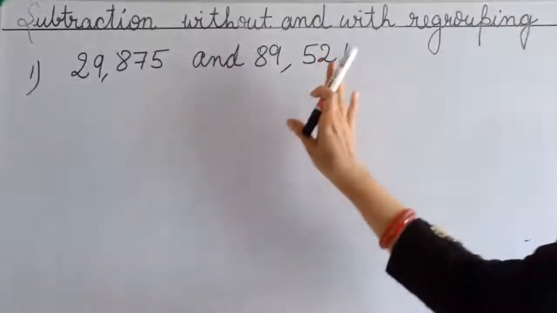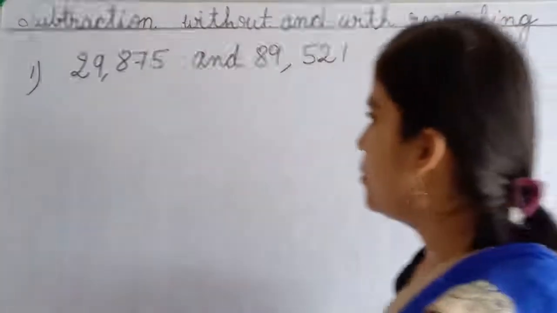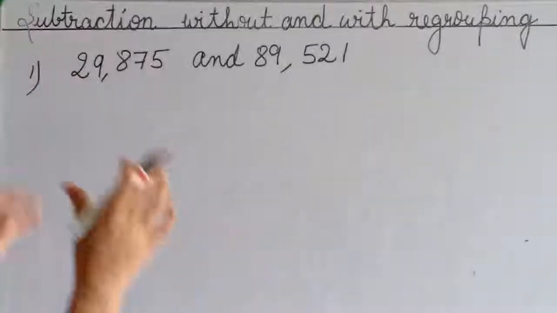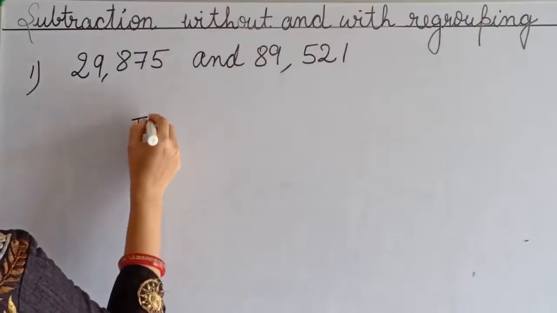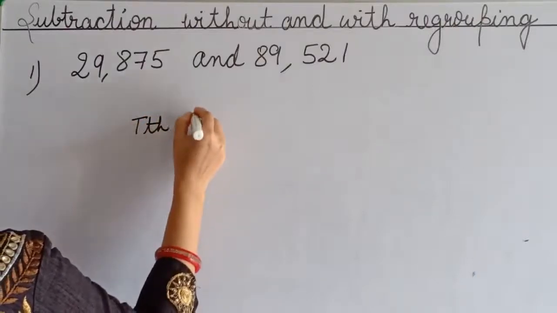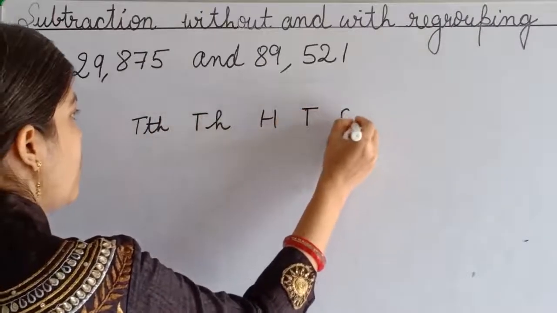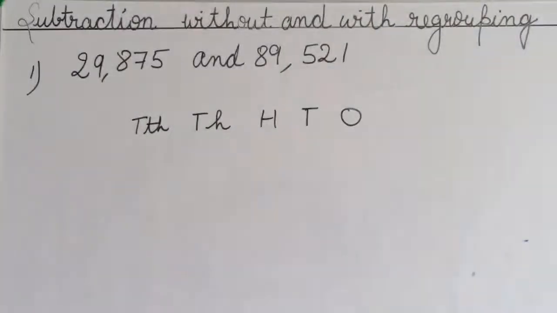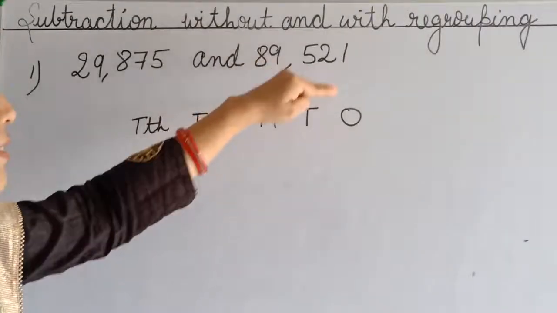So first we write this number in a place value table. First of all, we arrange in a column: 10,000, 1,000, 100, tens, ones. Now arrange the number in the column. First we write this number because this number is bigger.